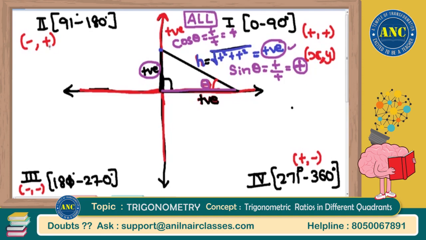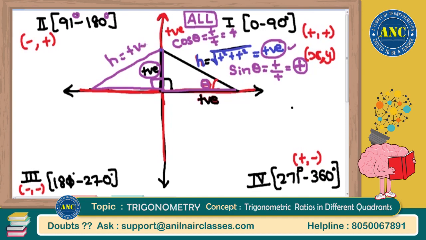If I come to my second quadrant, where the angles are varying from 91 to 180 degrees, can I say that in this particular second quadrant, if I draw a right angle triangle like this, this is nothing but 90 degrees? This will be hypotenuse.